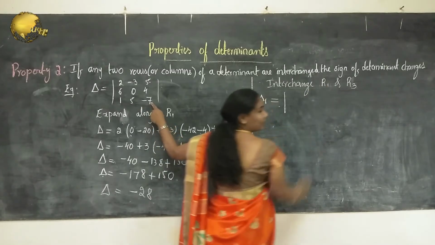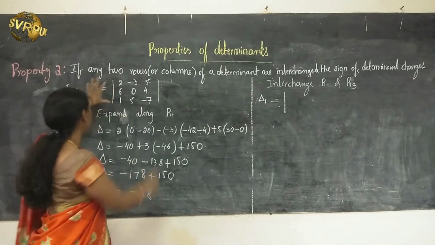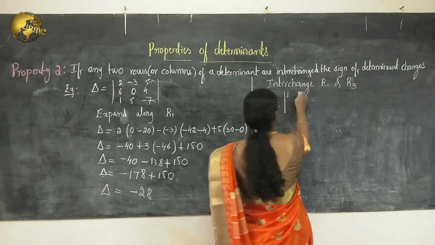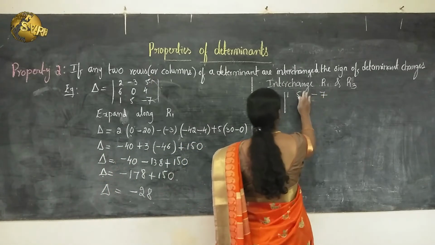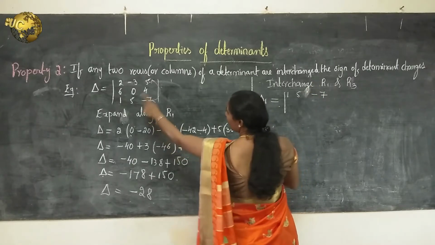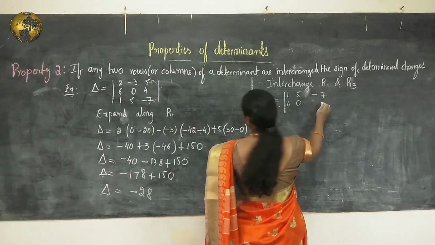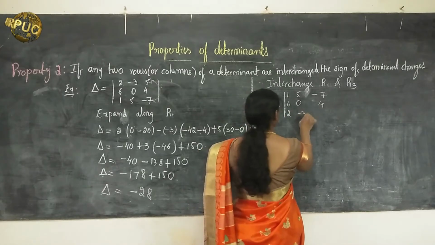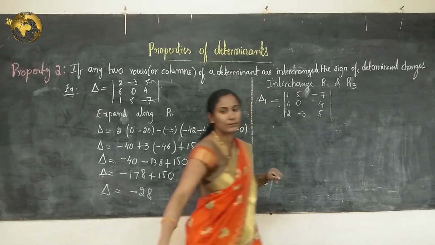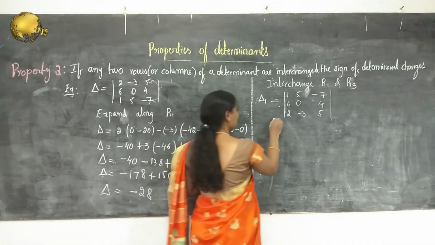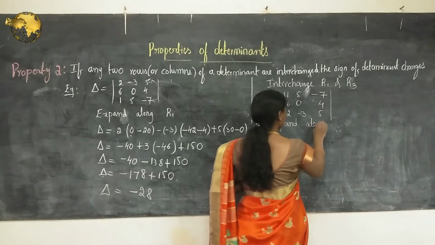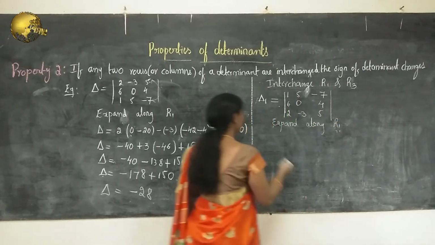I am changing row 1 and row 3, so row 1 and row 3 will change. Okay, 1, 5, minus 7, row 2 will be as it is, 6, 0, 4, and row 3 is the old row 1, 2, minus 3, 5. Now we will just expand along row 1 only.